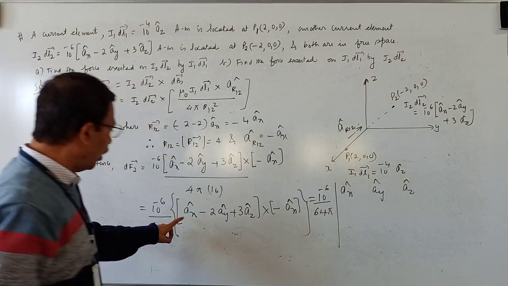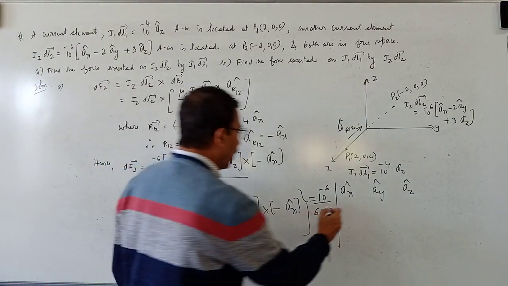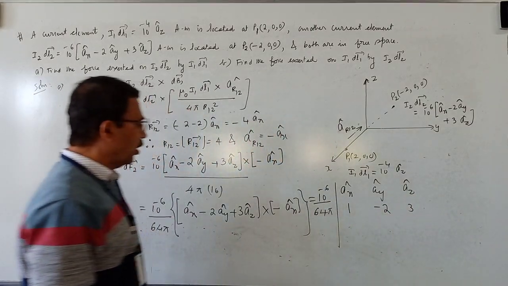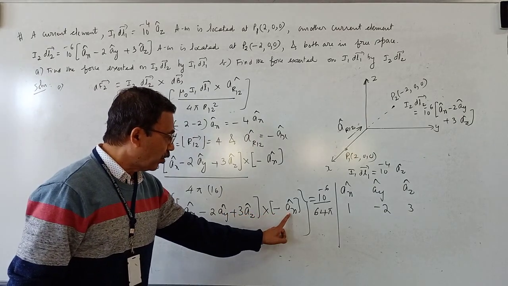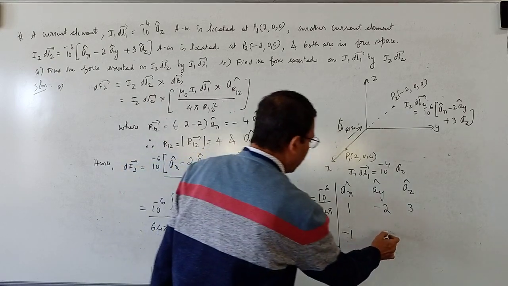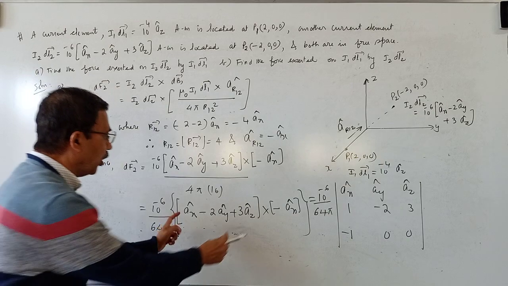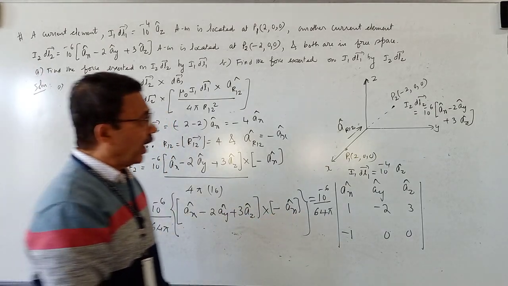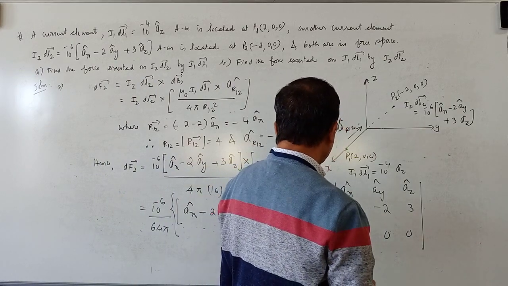Write the coefficients of ax cap, ay cap and az cap for the first vector: 1, minus 2, 3. Write the coefficients for the second vector. What is the coefficient of minus ax cap? Minus 1. No ay cap, 0. No az cap, 0. So I evaluated the cross product of these two vectors by using determinants.